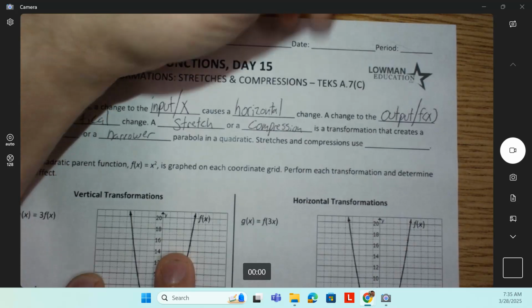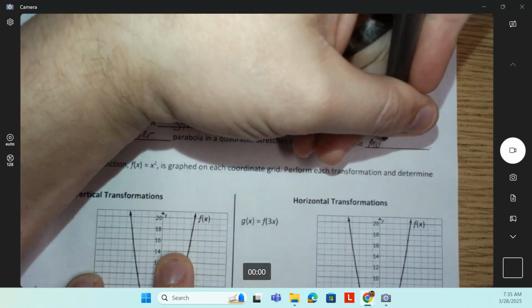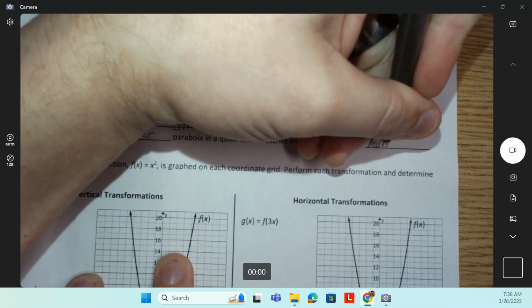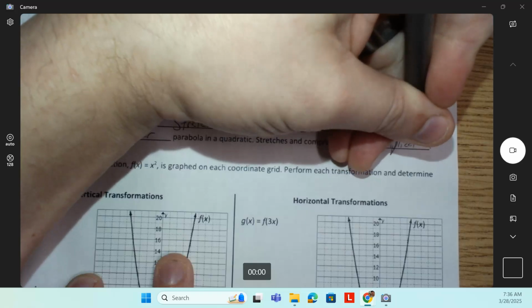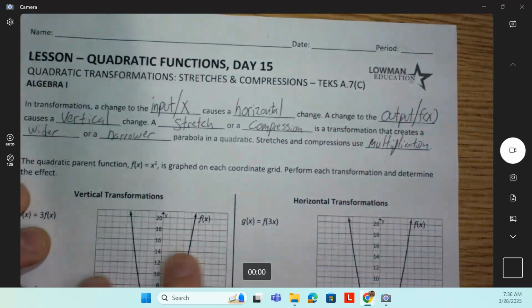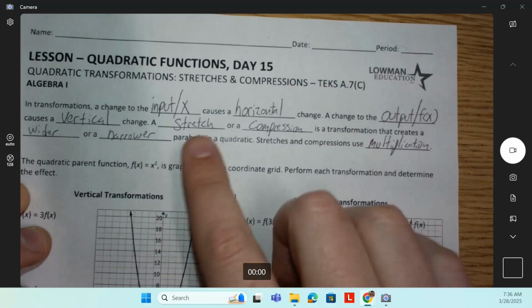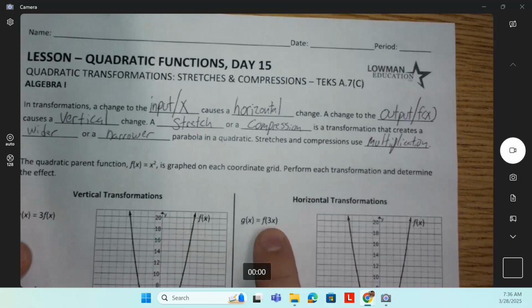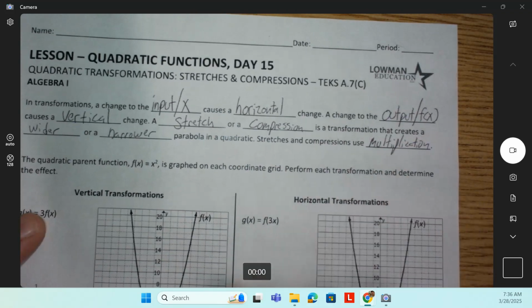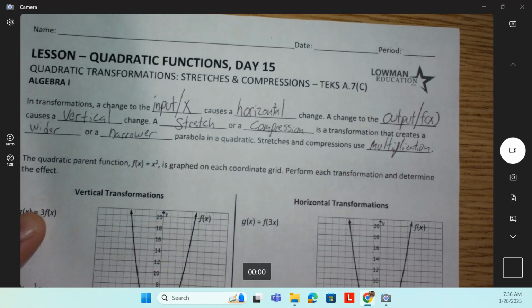So using multiplication for that. If you multiply by the x, that's the input, and again, that will be inside the parentheses. And the output, f of x, is outside the parentheses.